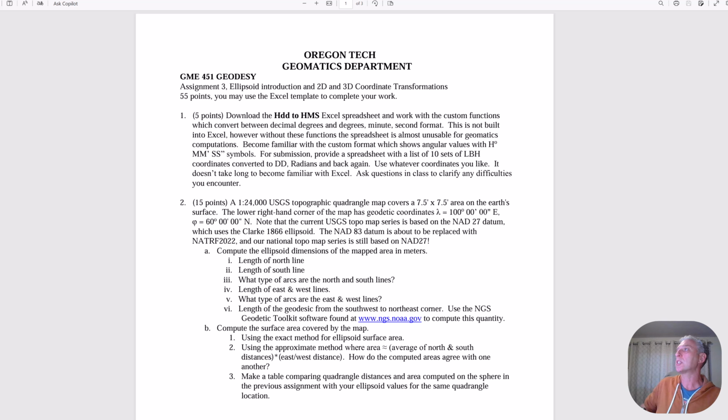So geodesy assignment 3. The first problem is an easy 5 points. I really want people to feel comfortable using the spreadsheet to calculate their angle conversions. And the reason for that is because angle conversions are exact.